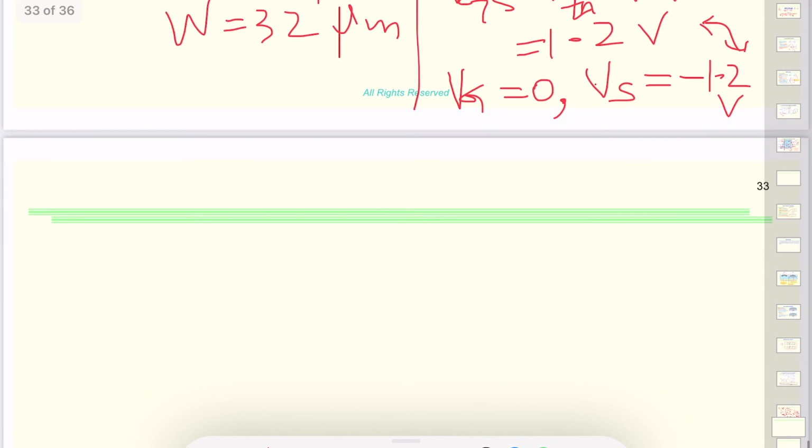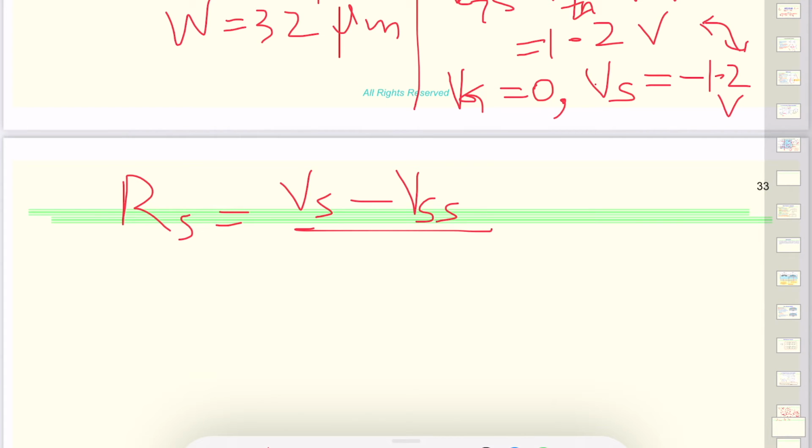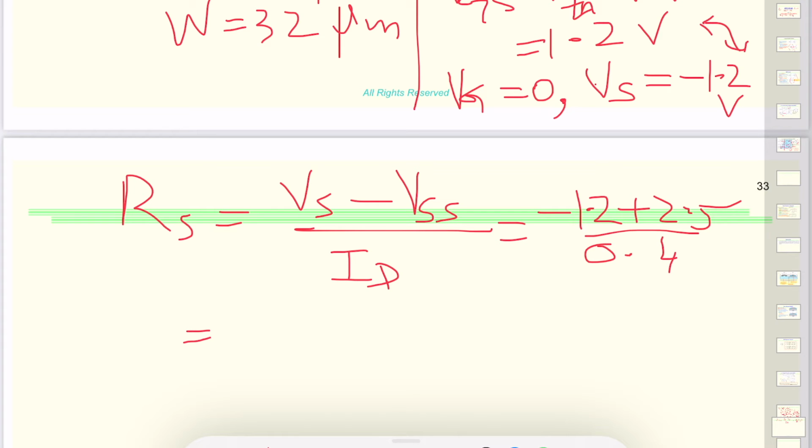Now this will give us the source resistance, which would be VS minus VSS divided by the drain current. That's straightforward. We plug in the values: minus 1.2 plus 2.5 divided by 0.4, we get source resistance as 3.25 kilo ohms.